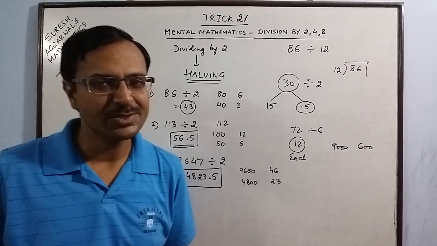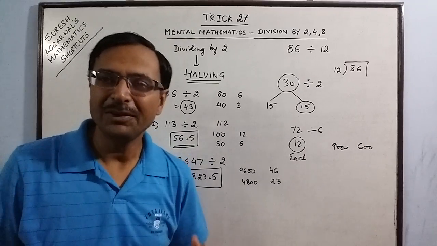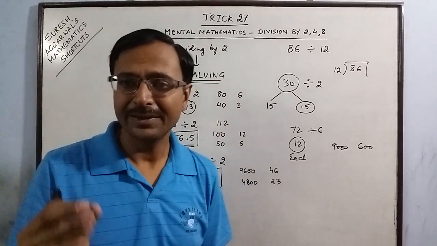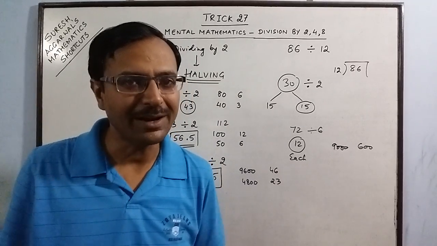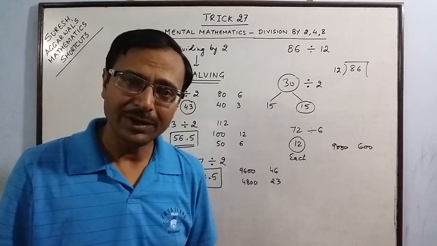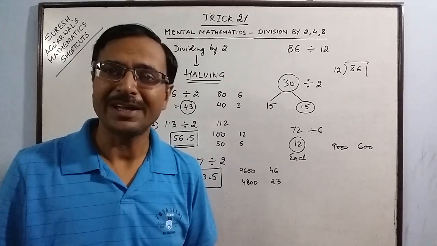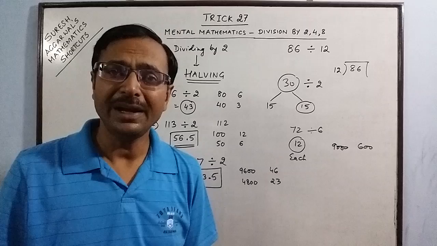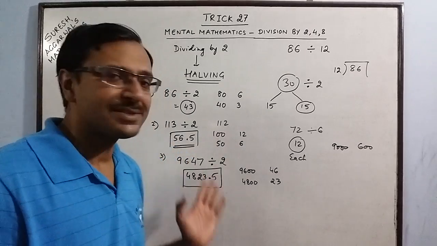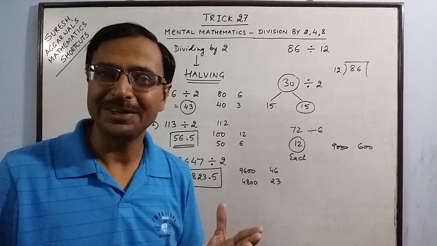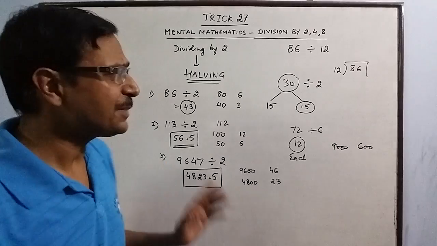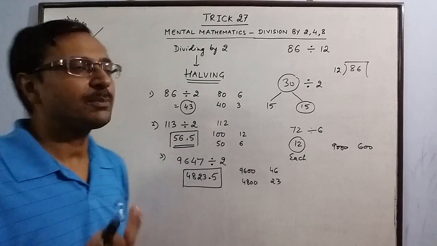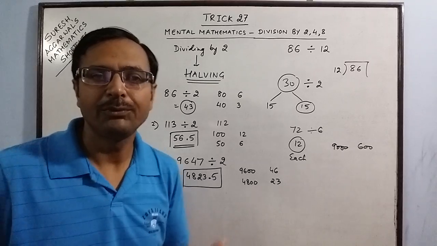Mental maths is so good, and if you know these very, very small things, that builds up your attitude for the entire life, and you work with maths in a very, very joyful manner, and whenever you confront calculations, you actually feel happy. So this method of dividing by 2 can now be extrapolated to division by 4 also.